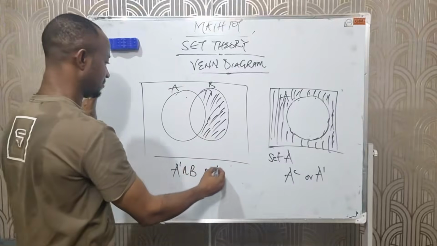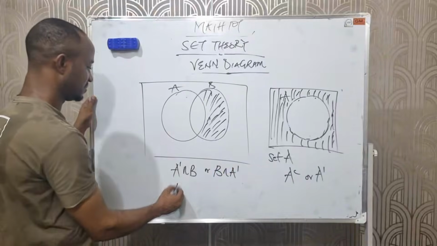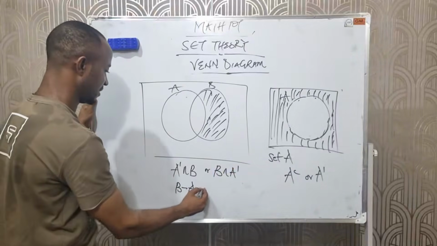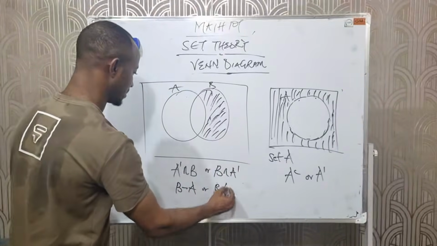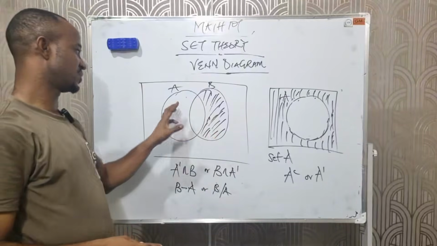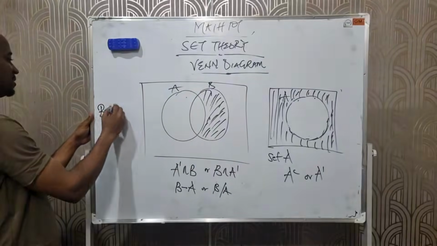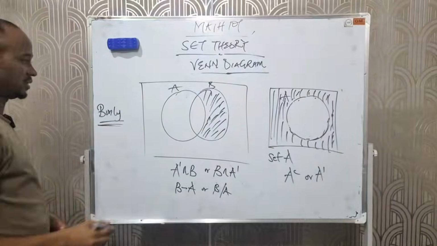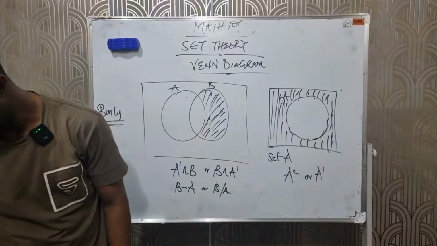Or we can say B intersection A prime. It simply means B difference A, or B slash A. This shows elements that are found only in B but not in A. And the word for this is called B only. In set interpretation, it's called B only, right?